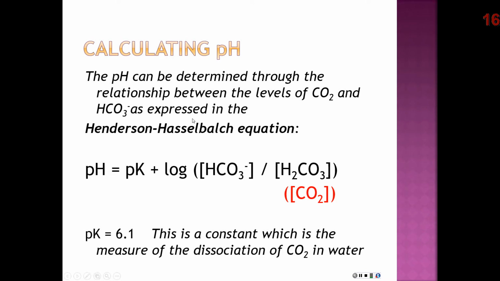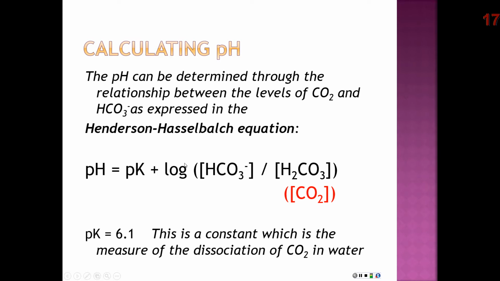And then what we have is it is the log of the value of bicarbonate divided by the value of carbonic acid. So this little slash represents the divided sign, and note it's within the parentheses. So you do this equation first, you find this value first, and then you take the log of that value. Don't take the log of just the bicarbonate.